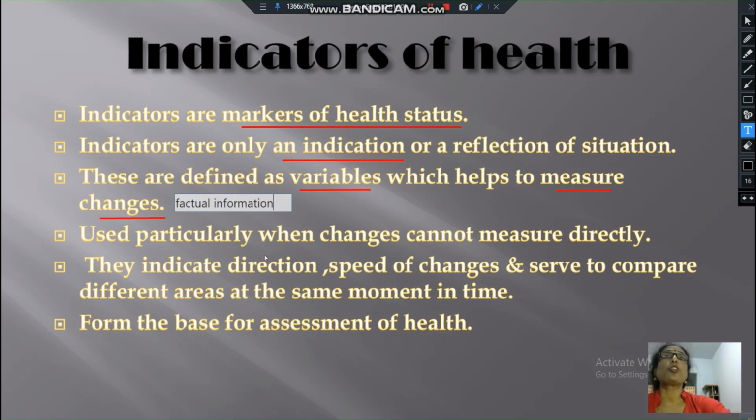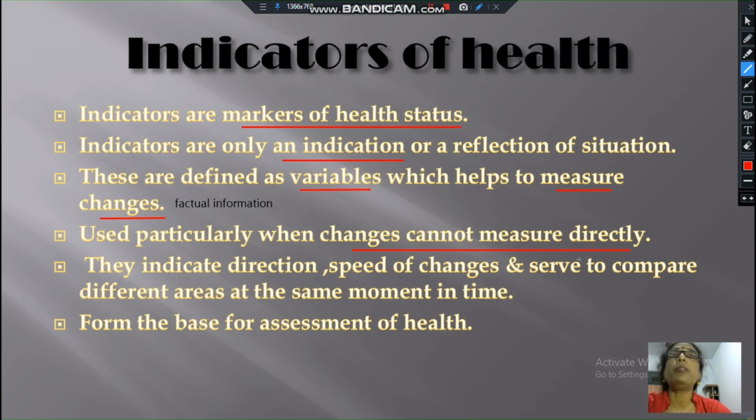And it is used particularly when changes cannot be measured directly, as for example health and nutritional status. This is because health, like happiness, cannot be defined in exact measurable terms, and its presence or absence is largely a matter of subjective judgment.